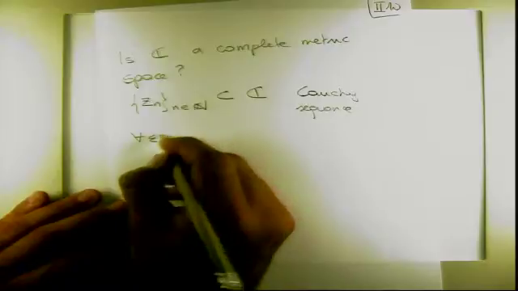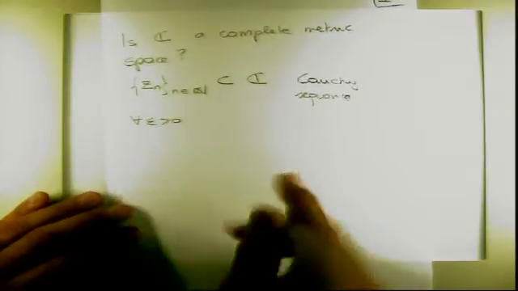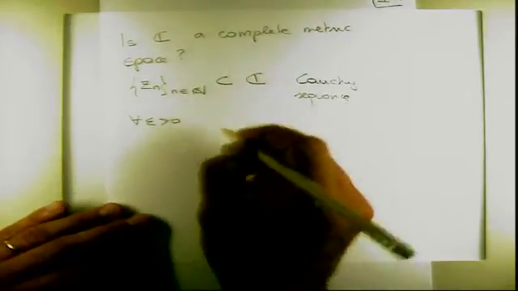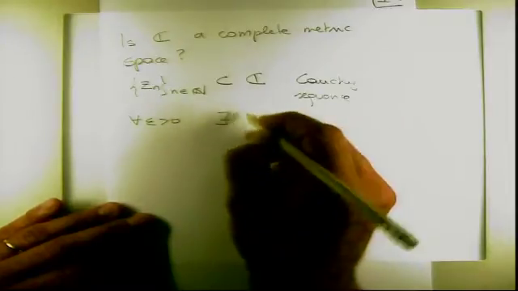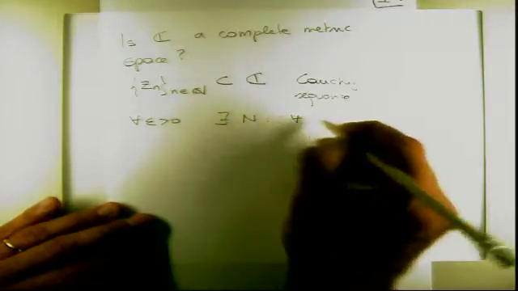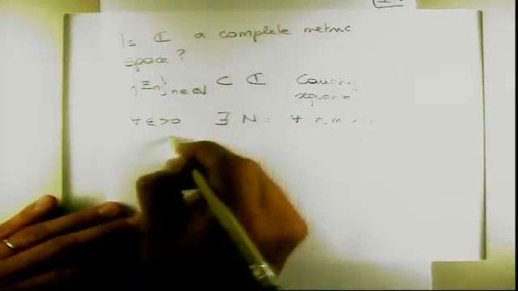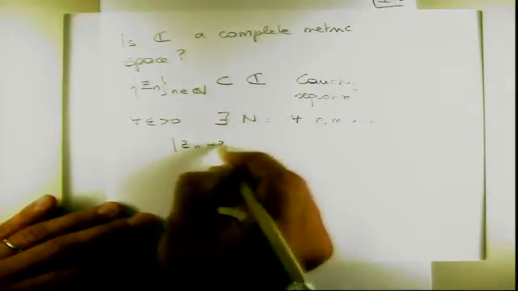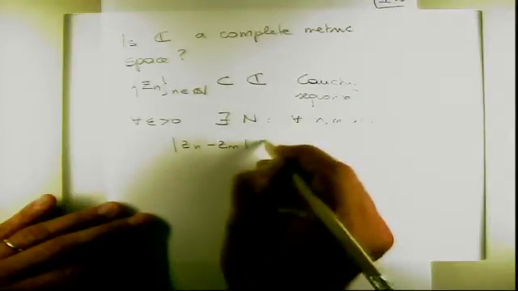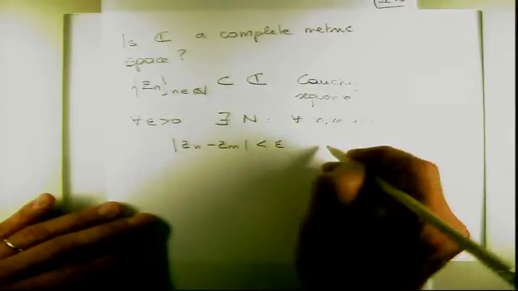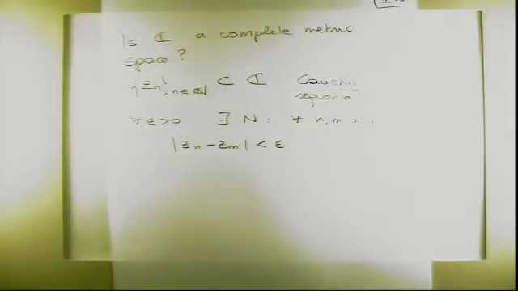For any epsilon positive, there exists n such that for any n, m, we have the distance between Zn and Zm is smaller than epsilon. The distance, okay?